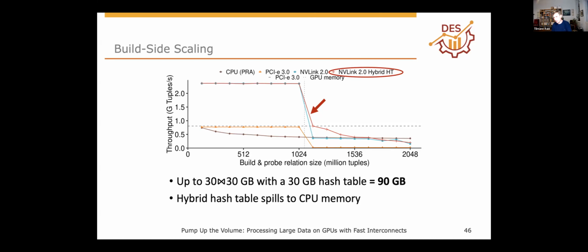But for some time, we're staying at a much higher throughput than we would have with the CPU baseline, and much higher than with the basic GPU baseline, where every access will go to the CPU main memory.